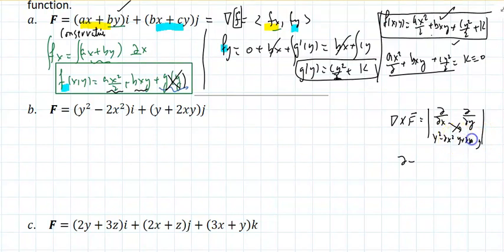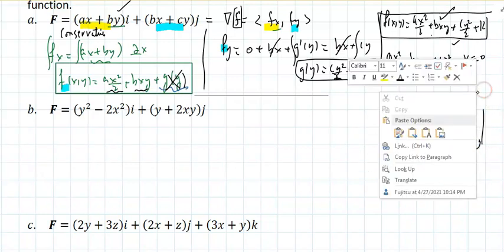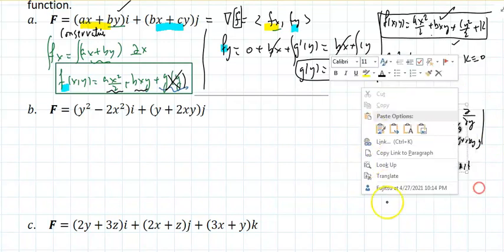Y plus 2xy. Partial with respect to x, 2y, minus the partial with respect to y, 2y, that's 0. So that is exact. Okay, what that means, why am I squishing all of this? I have no clue.